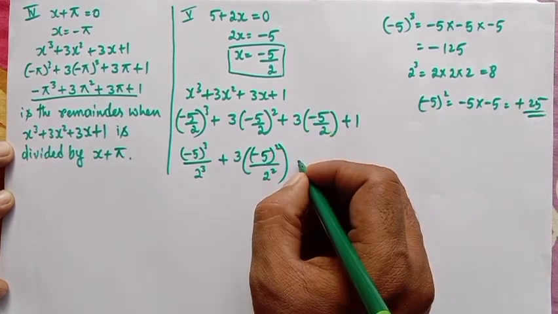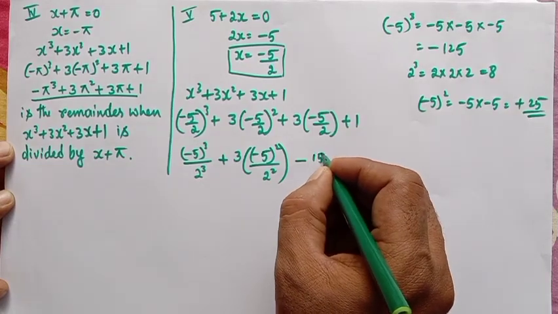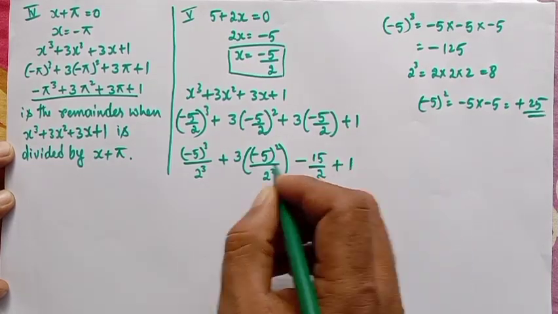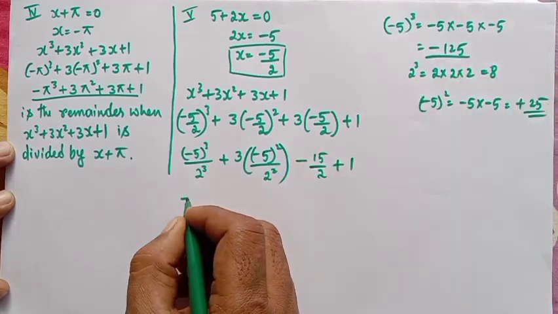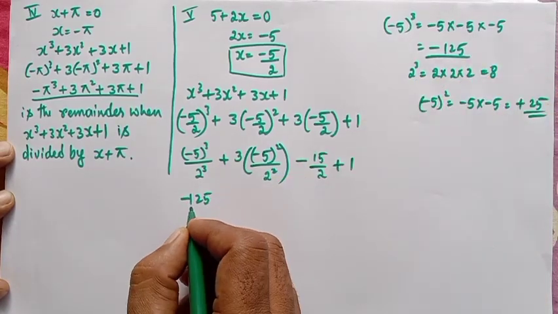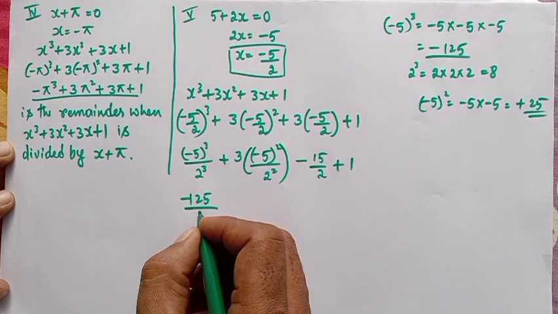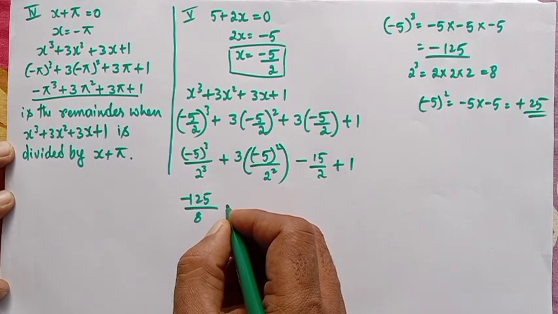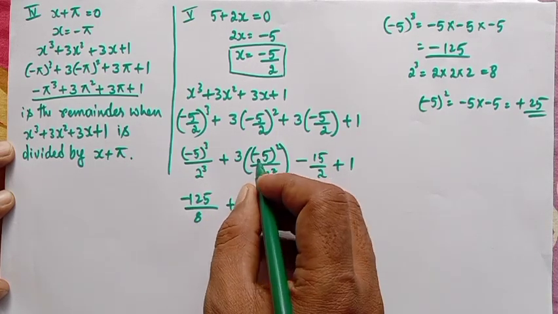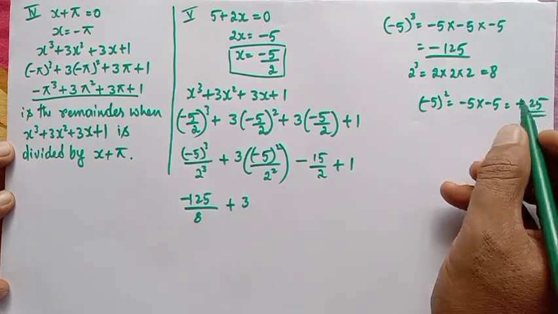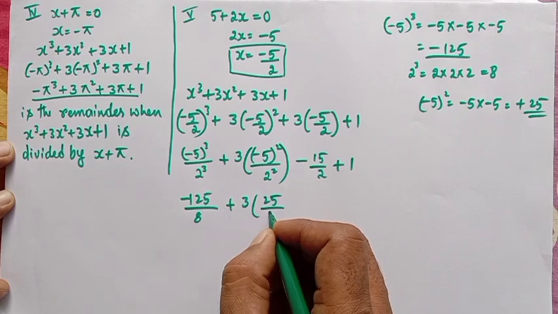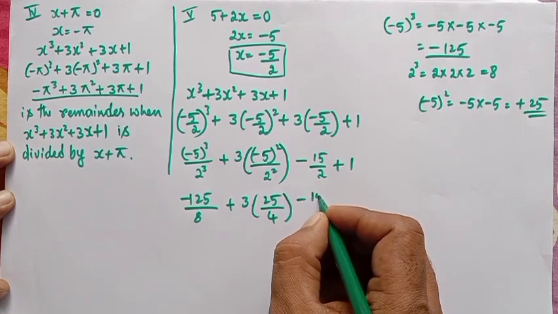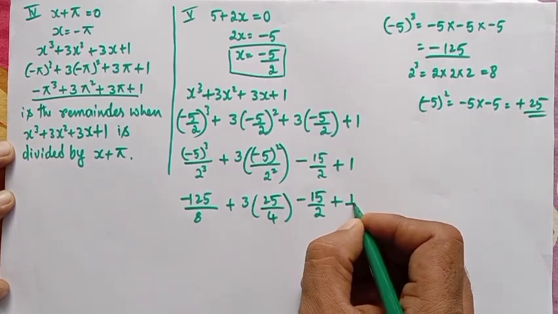Plus into minus is minus. 3 5s are 15 by 2, plus 1. Minus 5 cube, as we have already found, is minus 125 by 2 cube, which is 8, plus 3 into minus 5 whole square, which is 25, by 2. 2 2s are 4, minus 15 by 2 plus 1 by 1.